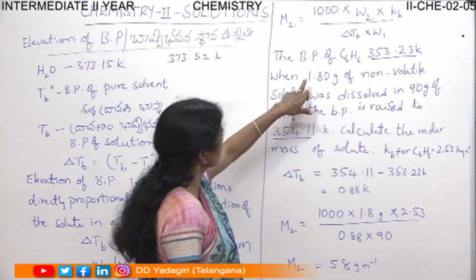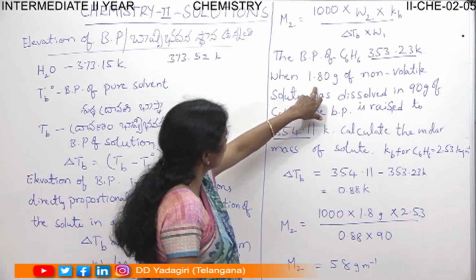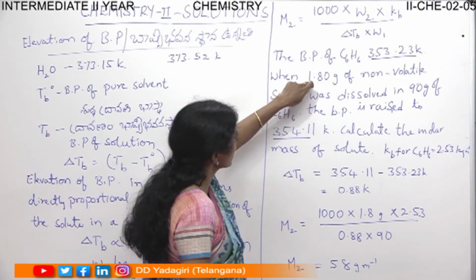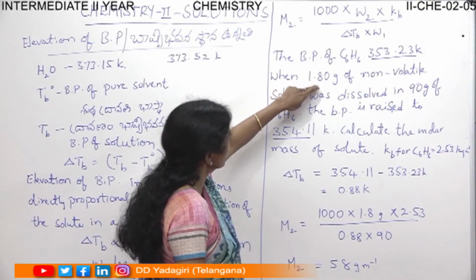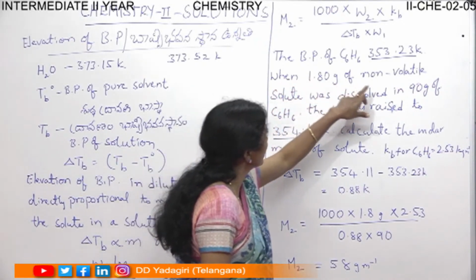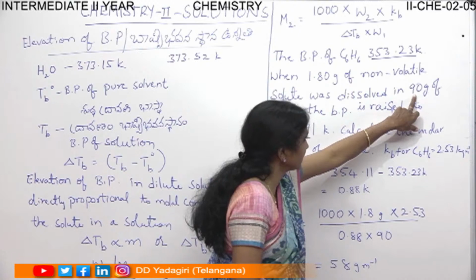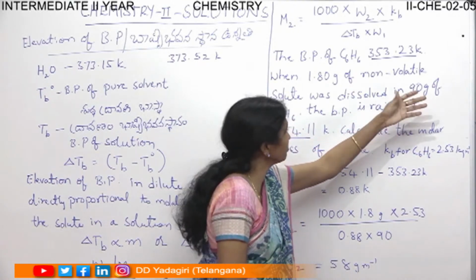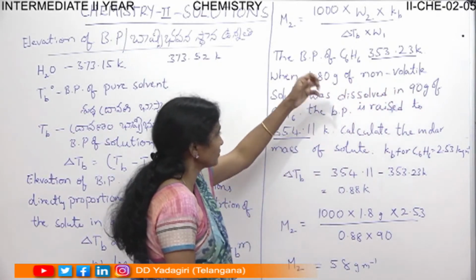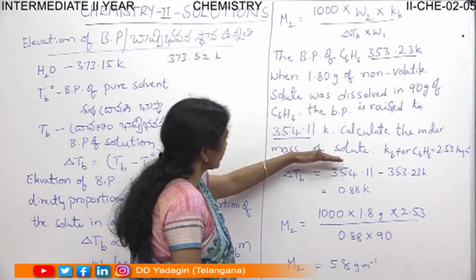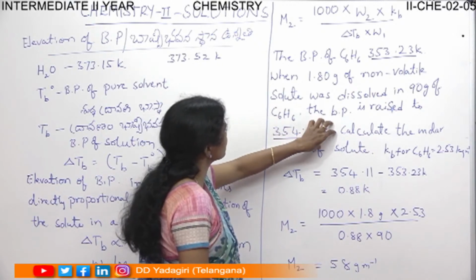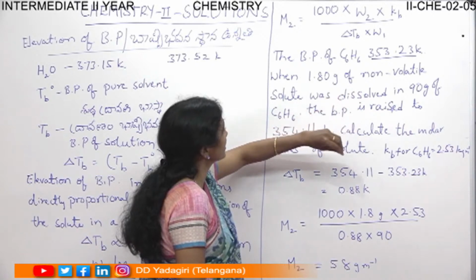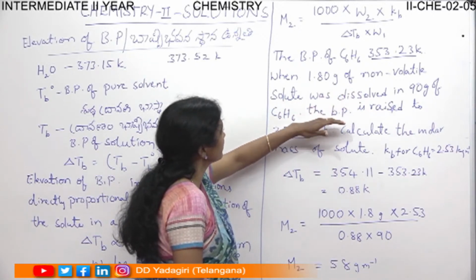W2, the weight of solute, is present, and the weight of solvent is present. Anyway, we know the mass of benzene. All the values have been given here.